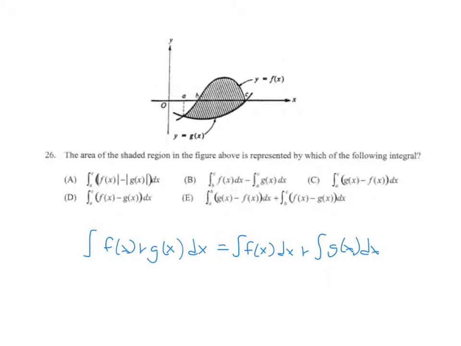So use that information to help you out with that one. But the main key is really to look at this region as a definite integral involving two functions, f of x and g of x.